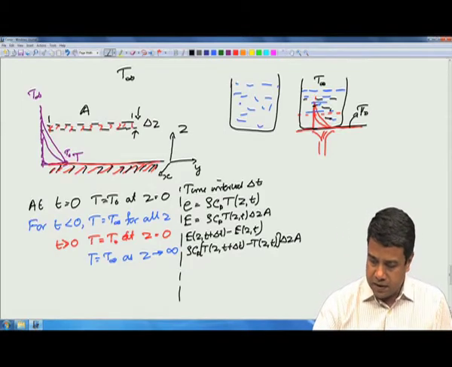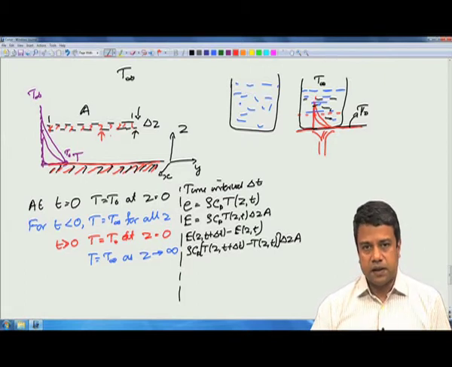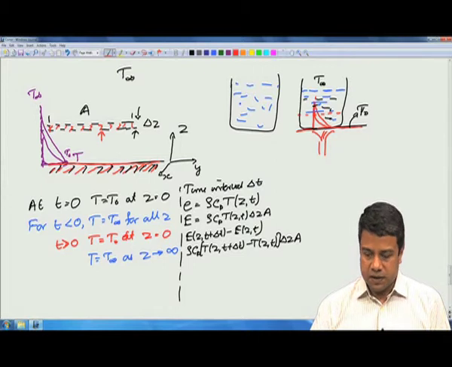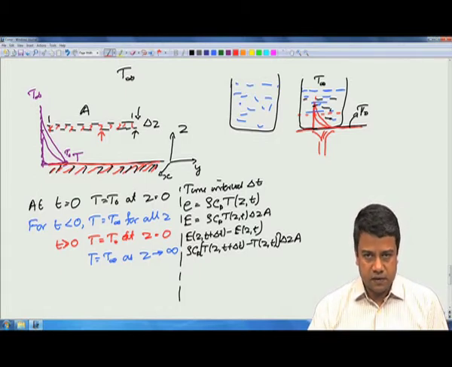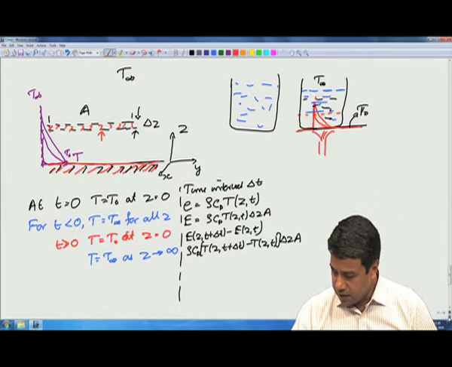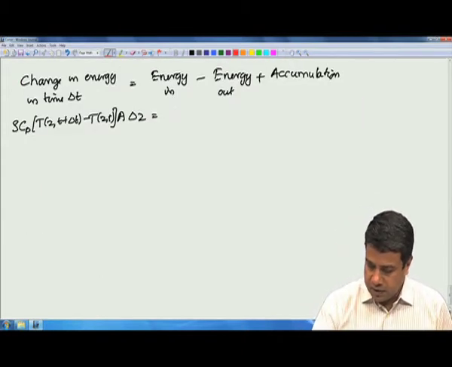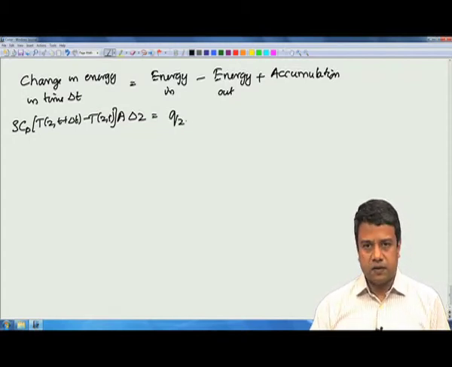Now, what is the energy coming in at the location z? The energy in at the location z is going to be equal to the thermal diffusion coefficient times the temperature gradient at that location. So this will be equal to the flux at the location z.